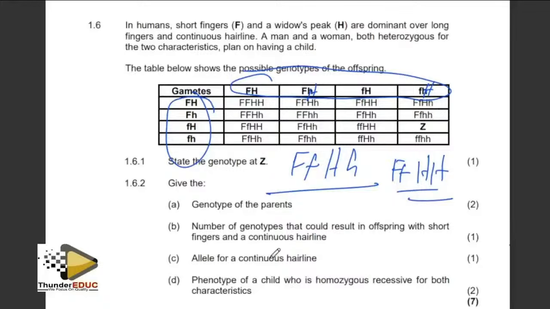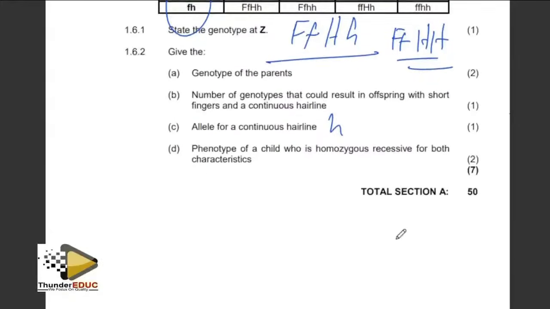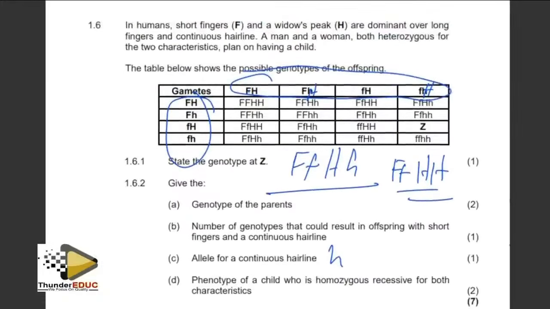And then the allele for continuous hairline. Allele, not genotype. So it's going to be small h. The genotype of the child that is heterozygous recessive for both alleles is this one, which is small f. This dihybrid cross, simple. You should not go to the exam when you don't know anything.